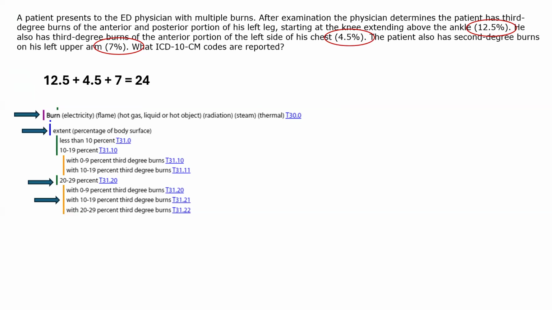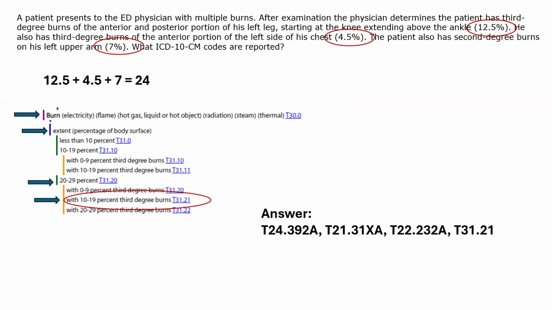Look in the alphabetic index for burns, extent 20 to 29% with 10 to 19% third-degree burns, referring you to T31.21. The TBSA codes are only 5 characters long, and you do not need a 7th character extender to complete this code.